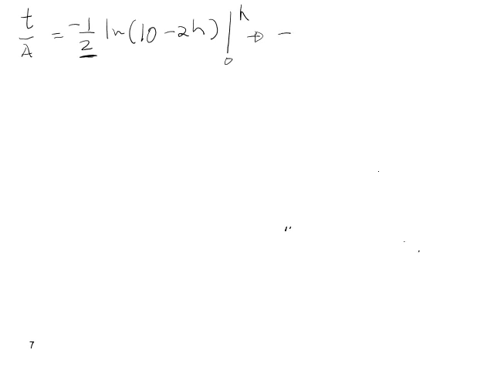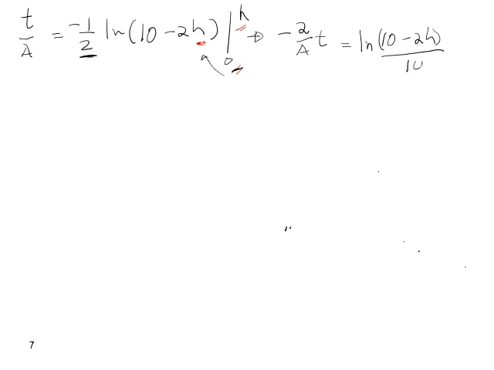So it will be minus 2 over A times t equals ln. Now I want to substitute first h and then 0 for the integral. So this is equal to ln of 10 minus 2h, and then I will substitute 0 here.